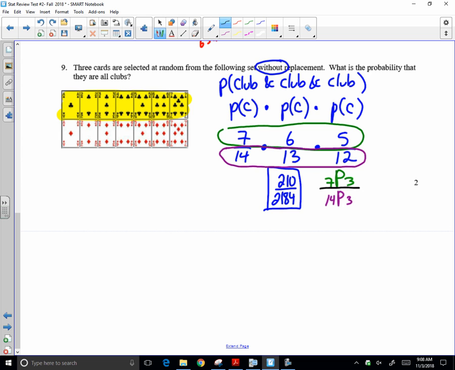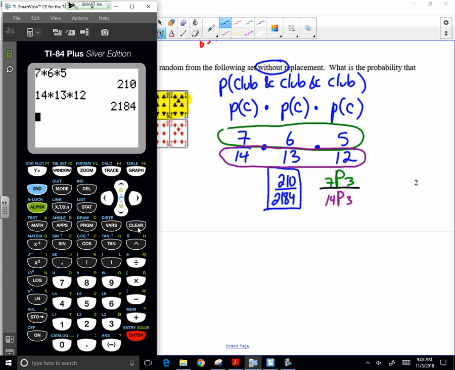Calculator to reduce pretty nicely. Because you can reduce to 10 over 2,184, but I don't know how to get it from a decimal back to a reduced fraction. 2 ways. So math frac, if you're going from decimal to fraction.